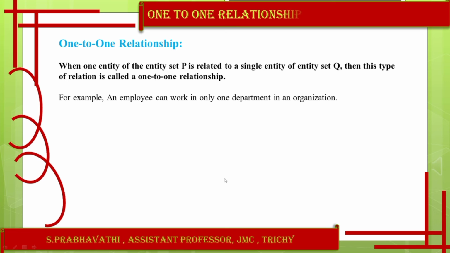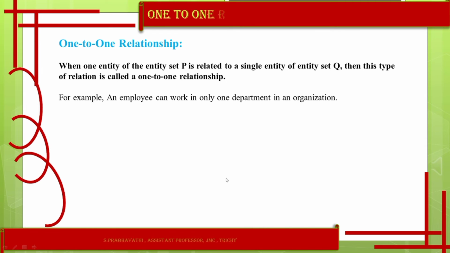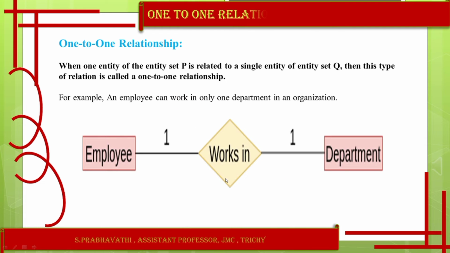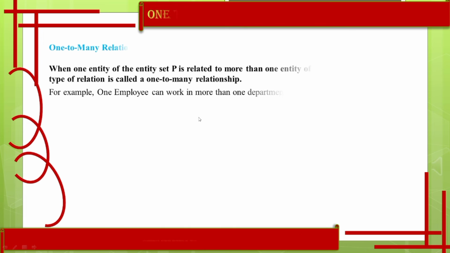One-to-one relationship. When one entity of the entity set P is related to a single entity of an entity set Q, then this type of relationship is called a one-to-one relationship. For example, an employee can work in only one department in an organization. Next, one-to-many relationship.